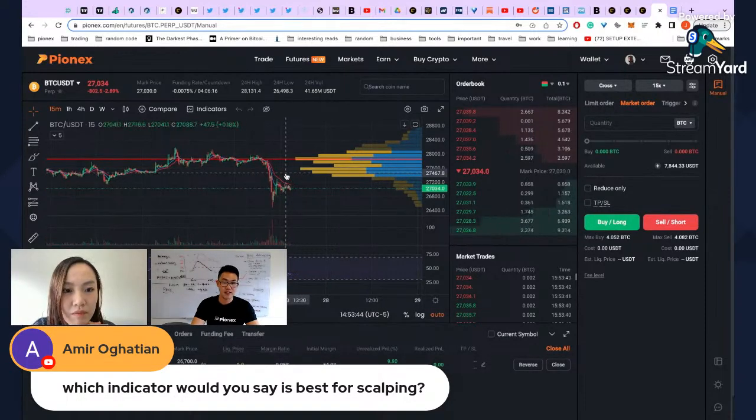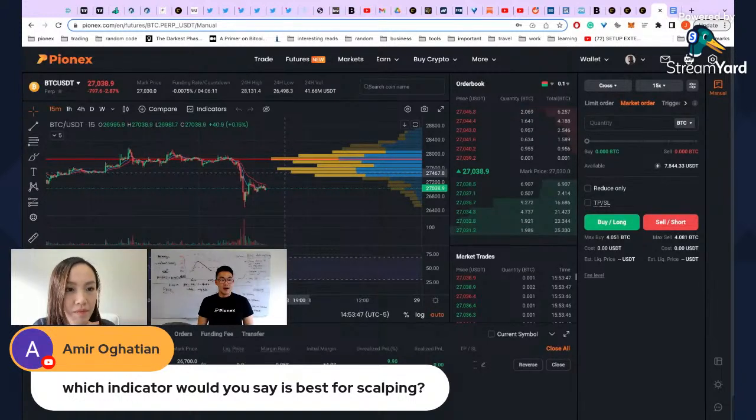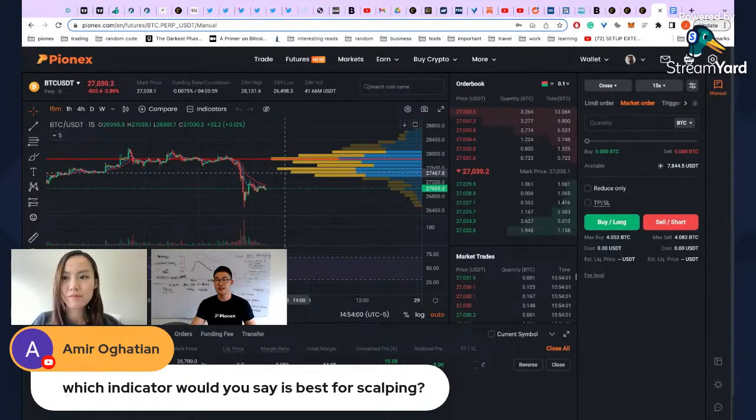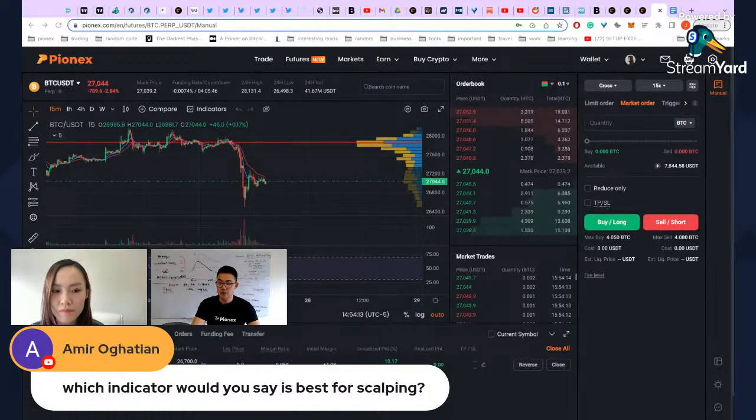What indicator would you say is best for scalping? For scalping, what time frame are you looking at? Like 5 minute? I don't really scalp anymore.